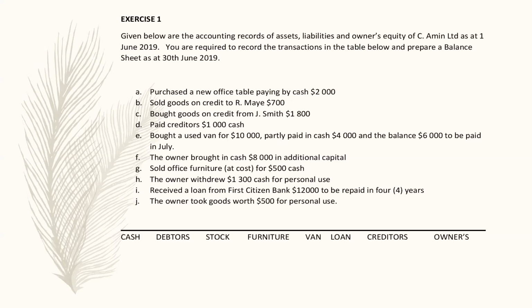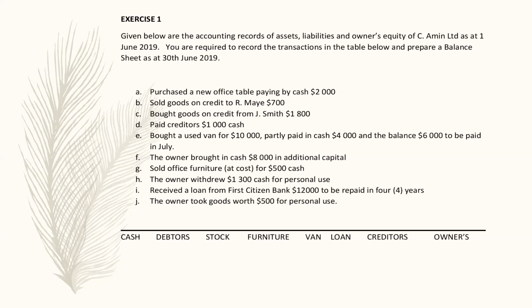Now, I'll tell you why this accounting equation is, in fact, assets equal liabilities add owner's equity. If you add all of your figures, for instance your $12,200 plus your $700 plus your $600 plus your $1,500 plus your $10,000, all of those items are assets. So your cash, debtors, stock, office furniture, and van are all assets.